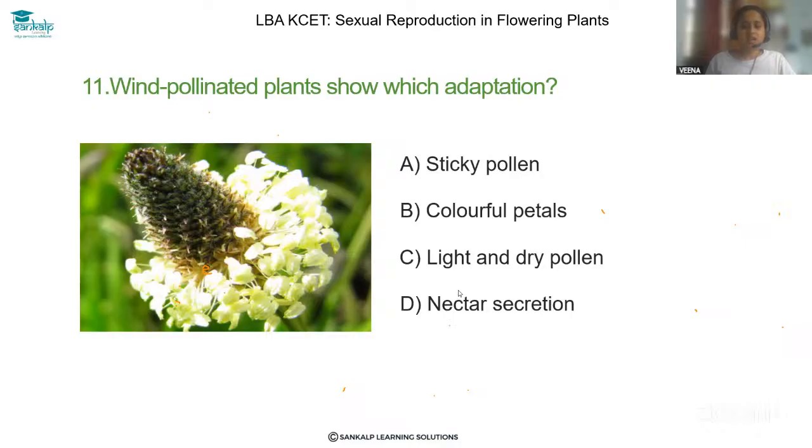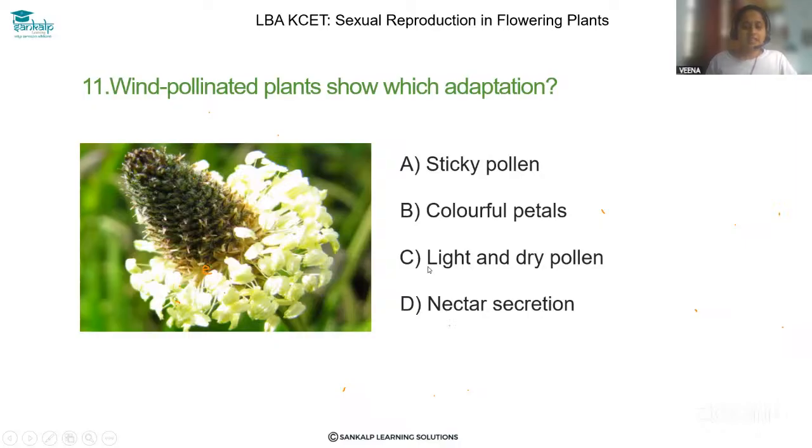And the third one, light and dry pollen. The flower undergoing pollination by wind has to be very light and has to contain dry pollen grains, so it can carry the pollen grains through the wind and easily reach the female flower.